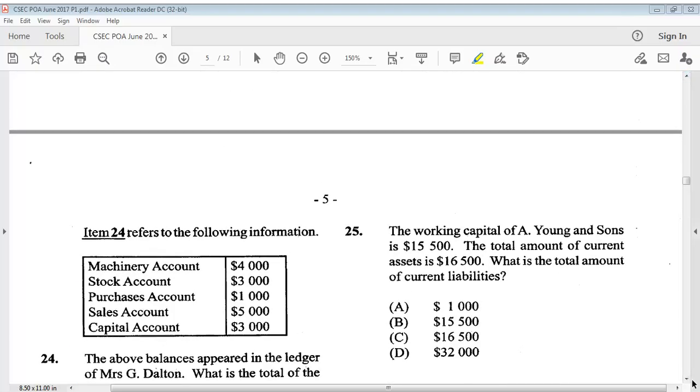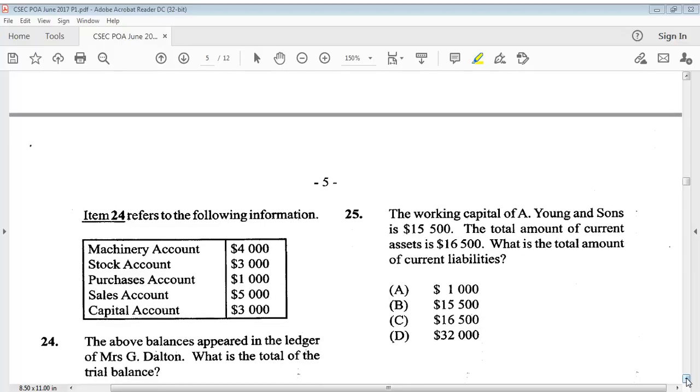The working capital of A. Young and Sons is $15,500. The total amount of current assets is $16,500. What is the total amount of current liabilities? We know that working capital is equal to current assets less current liabilities.